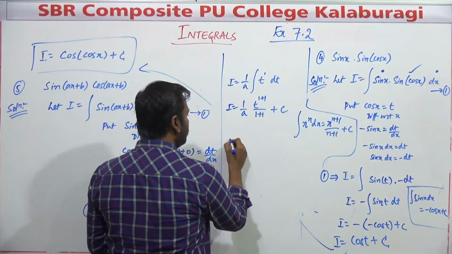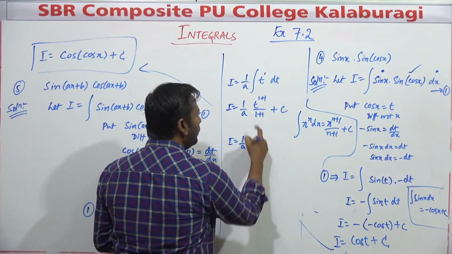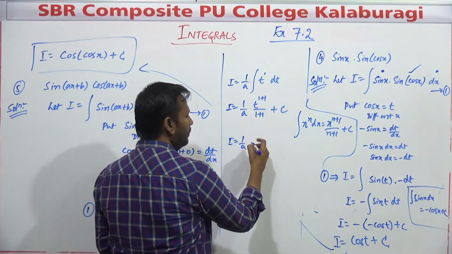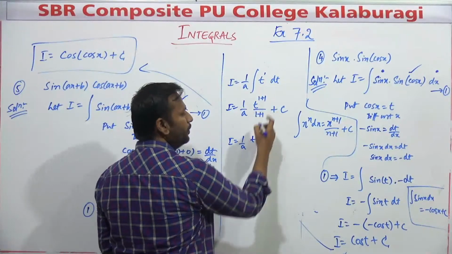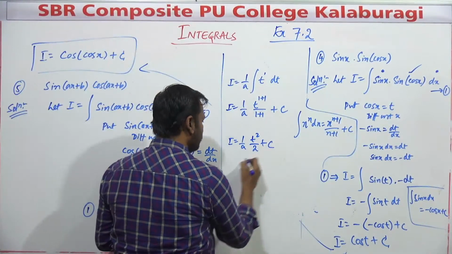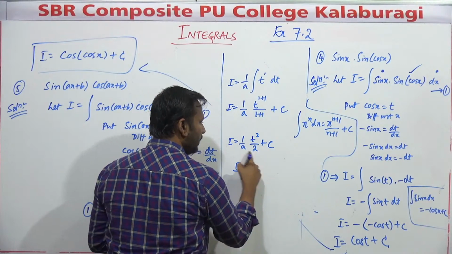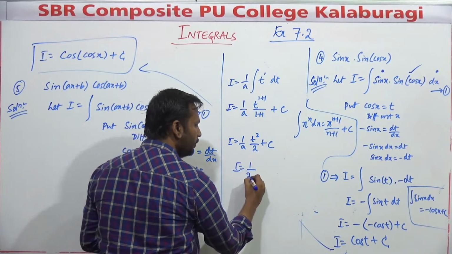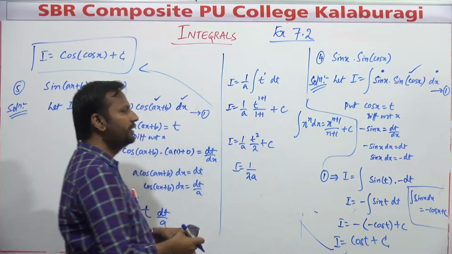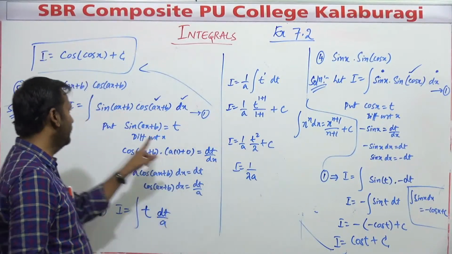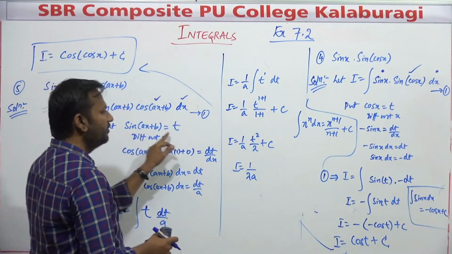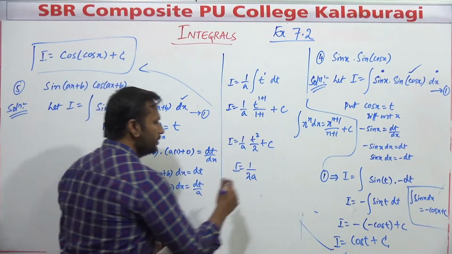So what happens now, students? 1 by a. What is t? Let me write it like this: t to the power 2 divided by 2 plus c. So 1 by a into 2, which is 2a. What is t? I have taken t as sin of ax plus b. It is a square here, so that's fine.